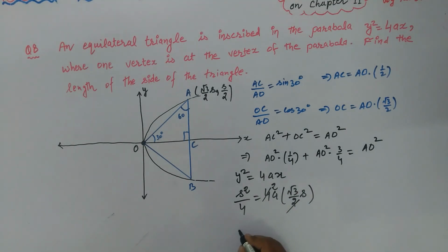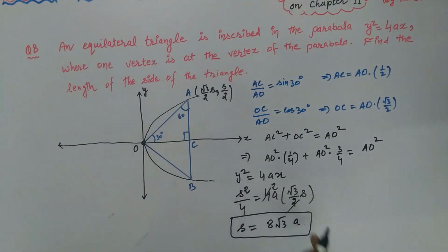So we are left with S is equal to 4 into 2, 8 square root 3 a, as S is cancelled. So this is the side. This is the required result, that is the side is equal to 8 square root 3 a units.